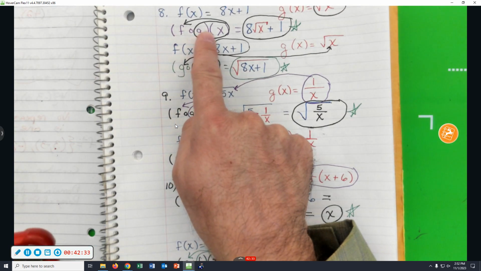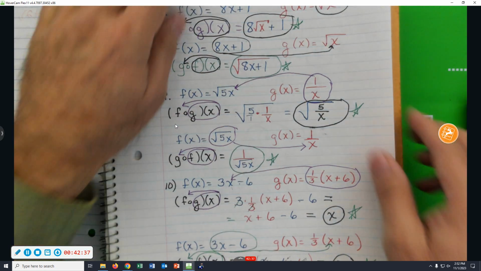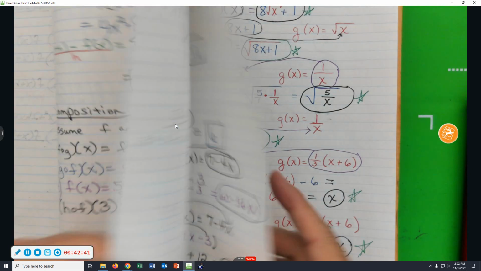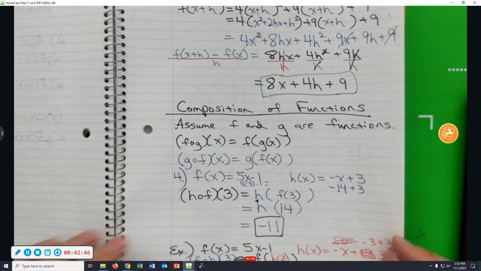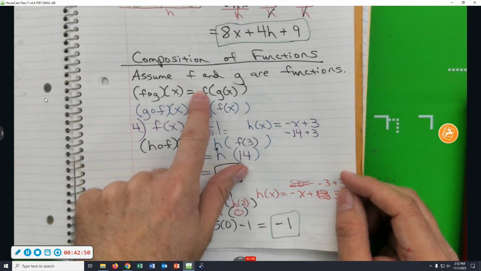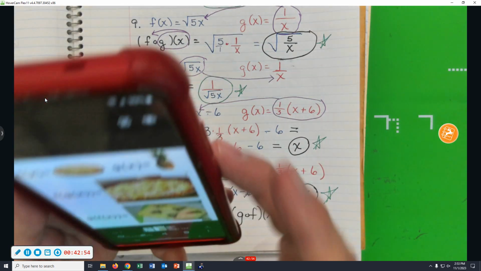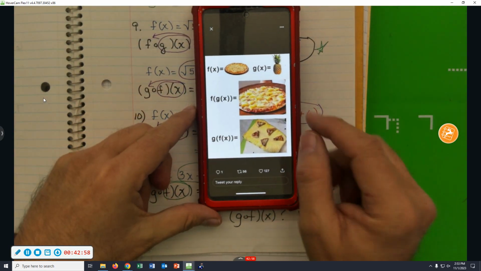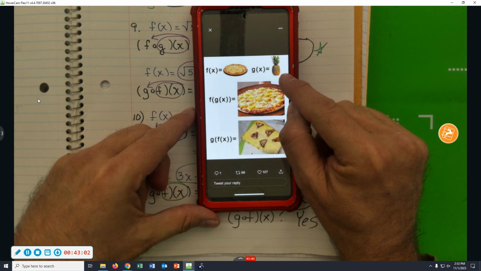And it had to do with this stuff here: to find f of g of x, it means plug g into f, but sometimes function composition isn't written as fog and golf. It's written just with a lot of parentheses like this. Plug g into f, plug f into g. Looking at this little thing here, f is pizza, g is pineapple.